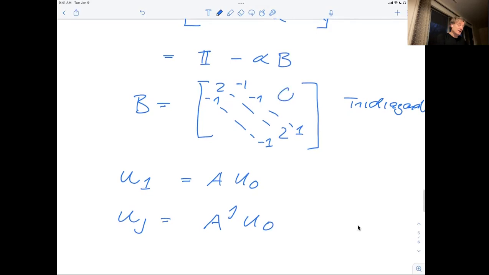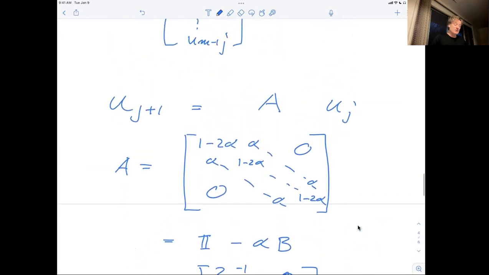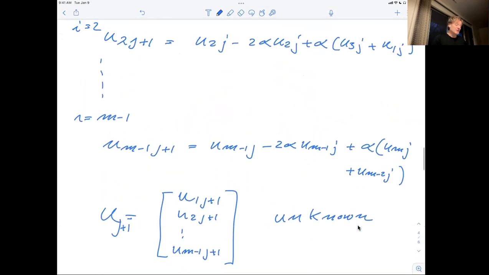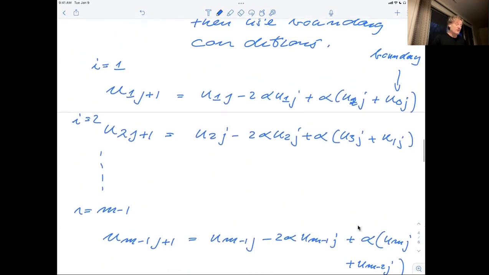This matrix has, except for the diagonal and the two off-diagonal matrix elements, only zeros. So the efficient way to implement this is simply to have a loop over i, and then as you loop over i, you simply perform the different multiplications.